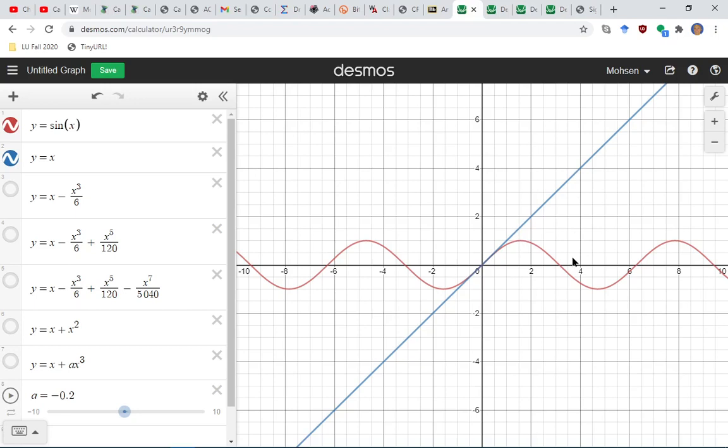The question comes up, can I throw in other terms? You remember the polynomials we had, x squared, x cubed, and so on. Can I throw in other terms to make the gap smaller? So we might think, well, how about putting some x squared in it? Let's try x plus x squared.